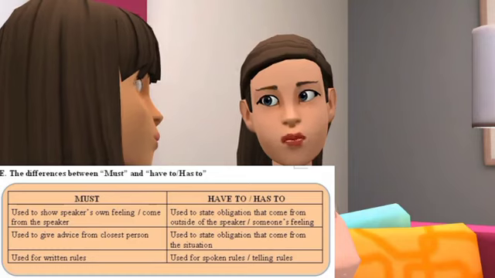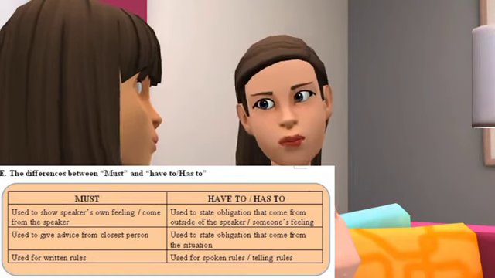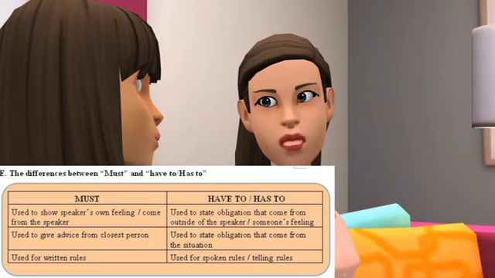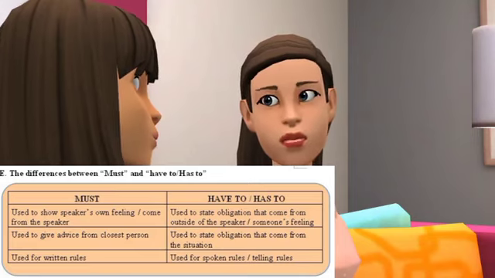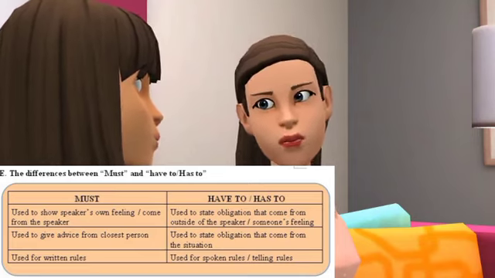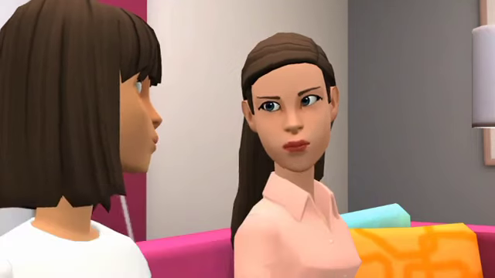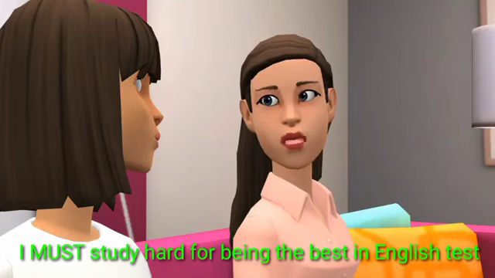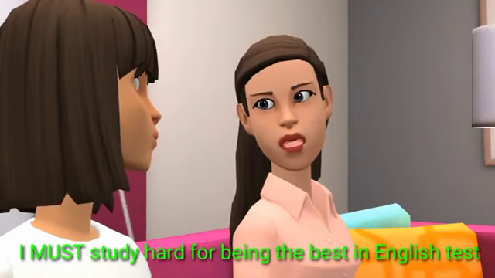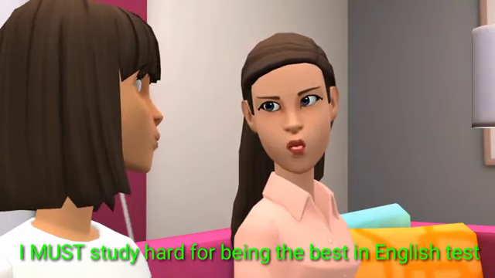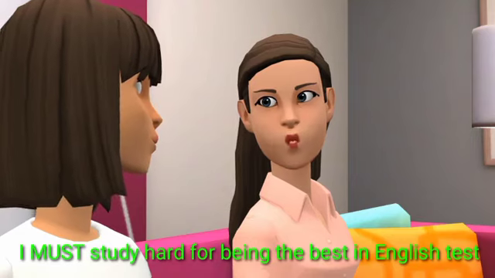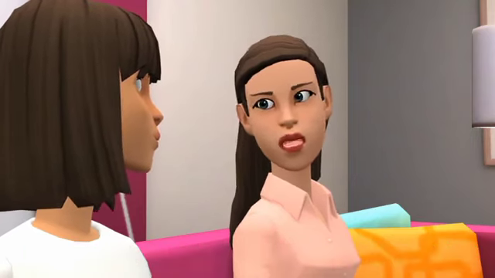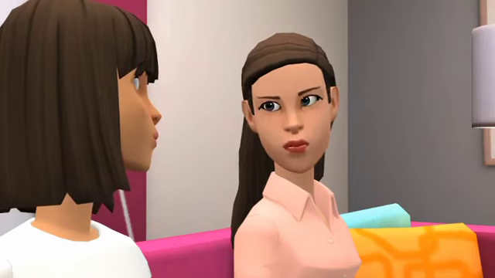Well, must is used to show the speaker's feeling, or something that comes from the speaker. Meanwhile, have to or has to is used to state obligation that comes from outside of the speaker or someone else's feeling. Say for example, I must study hard to be the best in the English test. Jadi, si pembicara ini mengatakan bahwa dia harus belajar keras agar bisa mendapatkan nilai terbaik dalam tes bahasa Inggris.